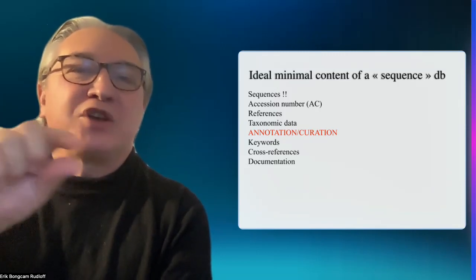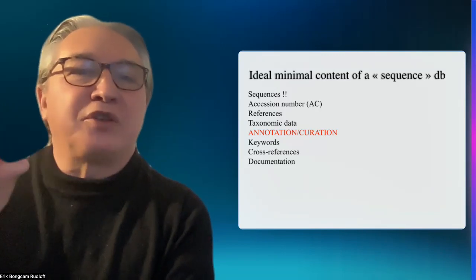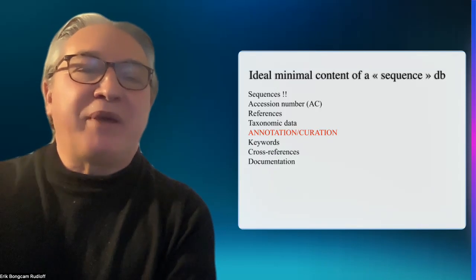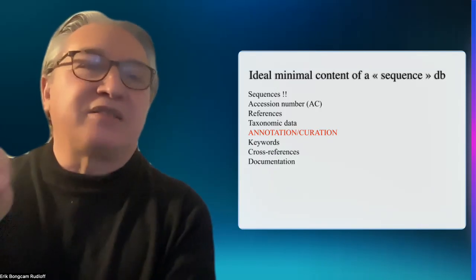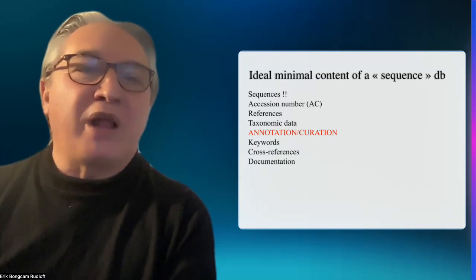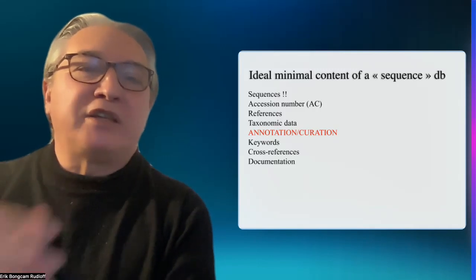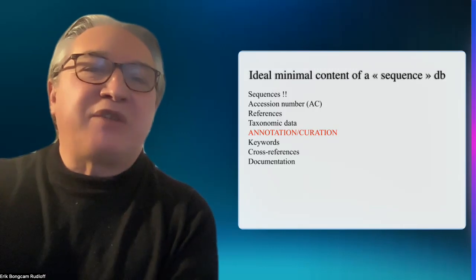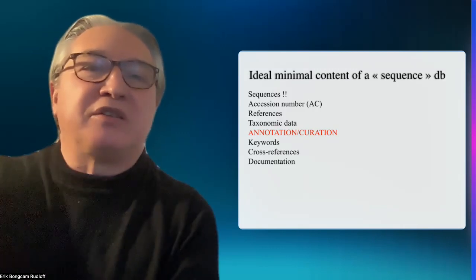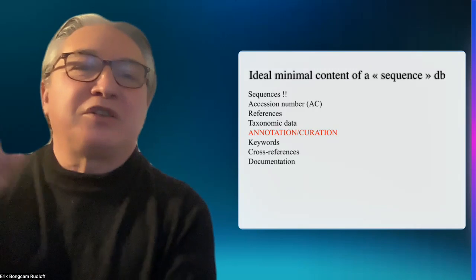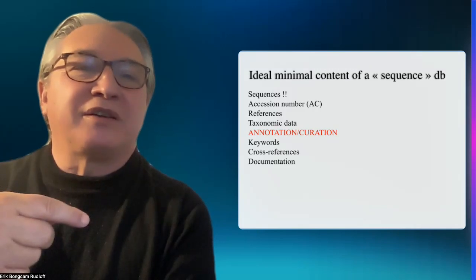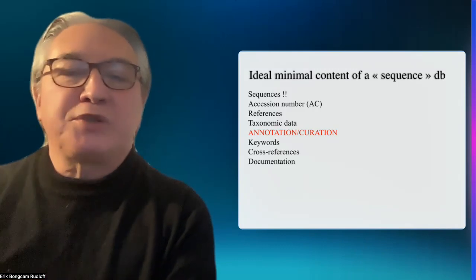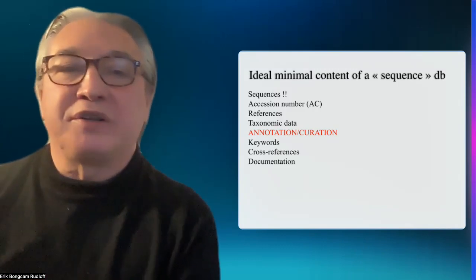And if the person that put the information in the database about this exact sequence did not do the job well and just put isolated from human, but didn't put brain, and instead of putting cancer, put disease, then you will not get the answer back, even if the sequence is there, because this is very important.